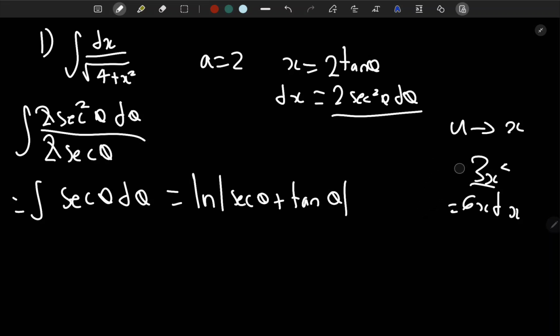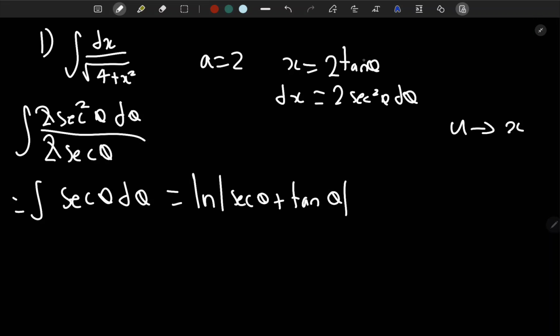But since we here did x is equal to 2 tan delta, this is where our triangle that we drew before comes in handy. So you have to draw the triangle now. So let's do that, and you'll see the things very clearly after we draw it.